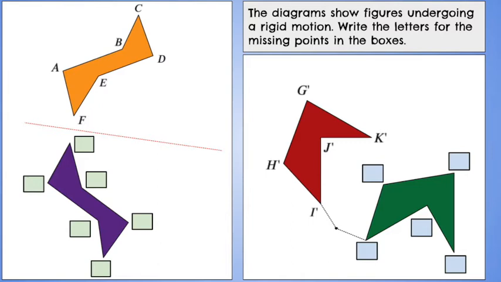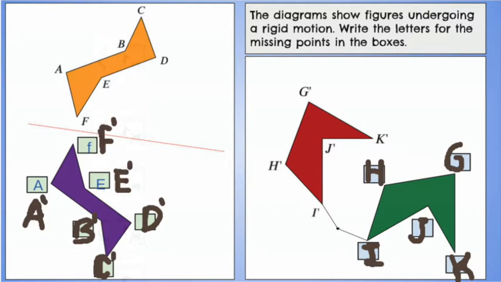I'm going to share this one first. For this one, we're going to just look at the one on the left, the purple and the yellow. We see that the letters were written in the boxes. Later on, next week, we're going to talk in more detail about how exactly we know for sure where these letters go. For now, what we wanted to see more of was the labeling of the image and the pre-image, whether it was the correct notation.